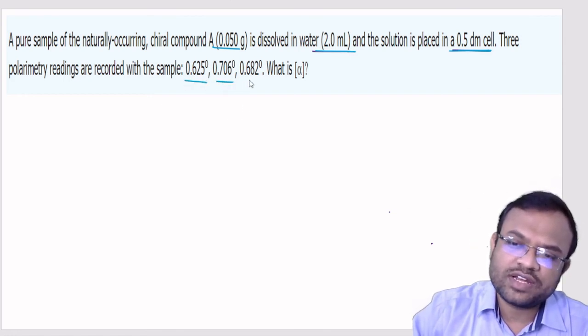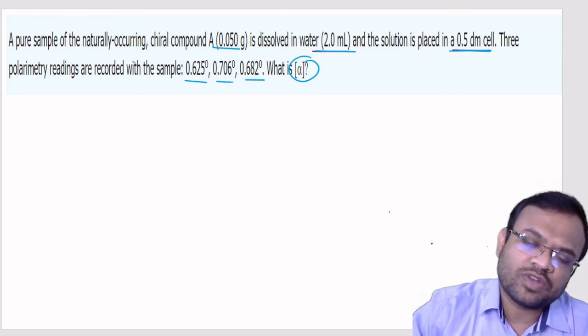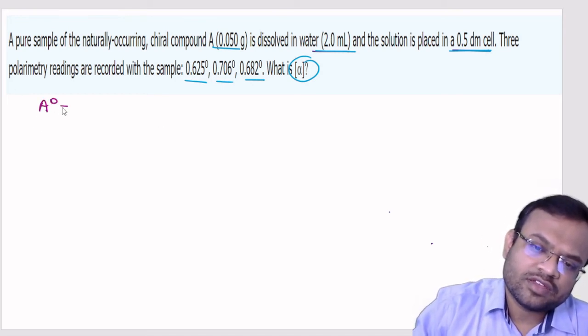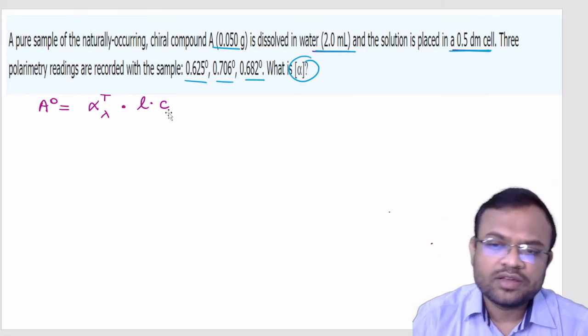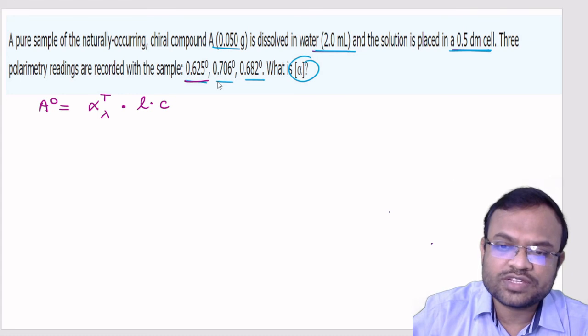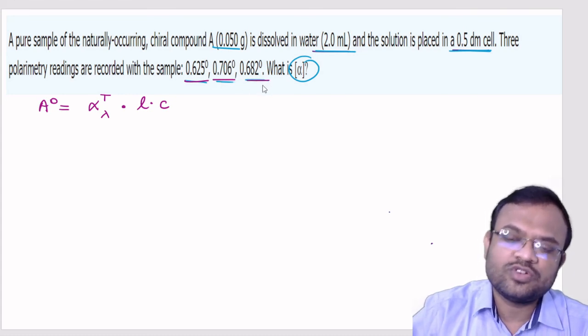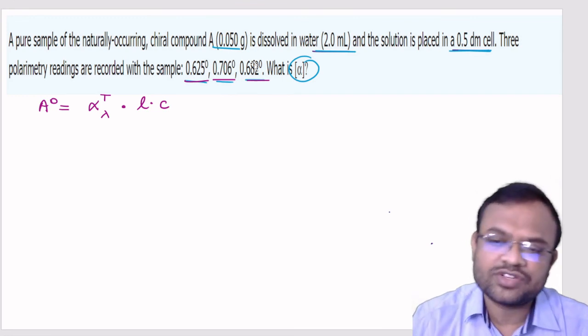They are asking you what is alpha. Now you know from this formula, A is equal to alpha into L into C. You already know this formula. Since 3 polarimeter readings have been given, 0.625, 0.706, 0.682, you can find the average amongst these readings.